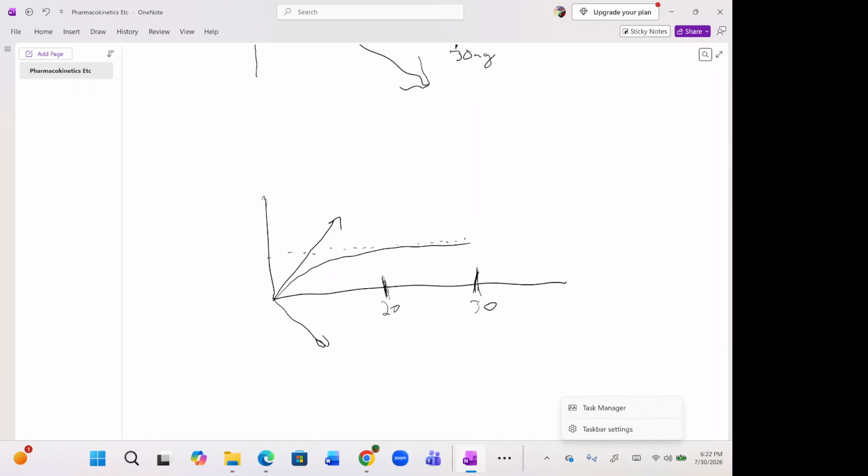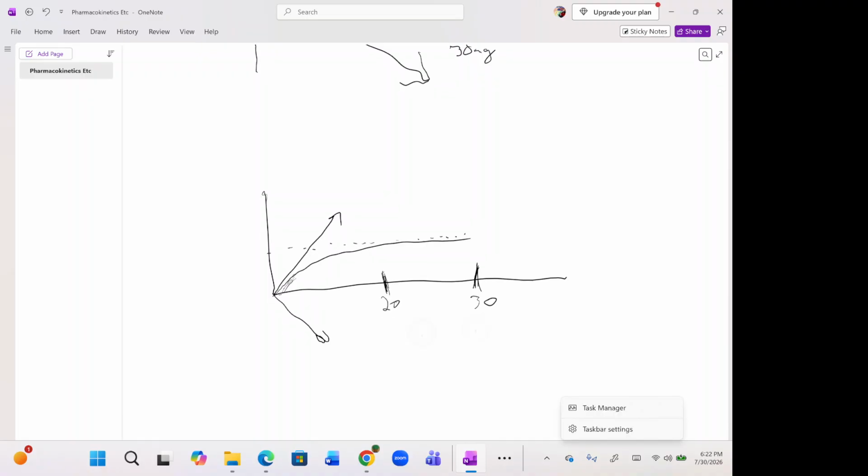And for most people, not a huge difference in what it's actually doing to you between 20 and 30. And you get your biggest difference down there. And that's the way that all partial agonists are.